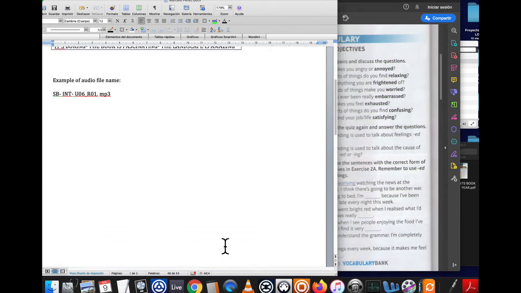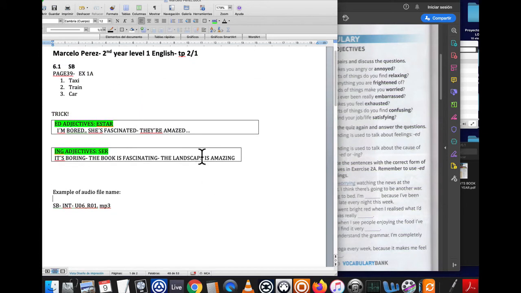I have written here a very small chart. It's a trick. The adjectives in Spanish we can correlate with estar. Estoy aburrido. Look at this. I'm bored. Estoy aburrido. She's fascinated. Ella está fascinada. They are amazed. Ellos están sorprendidos.